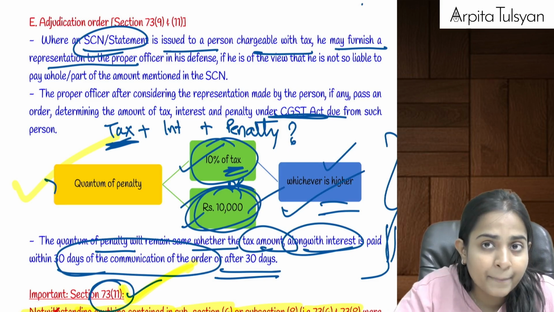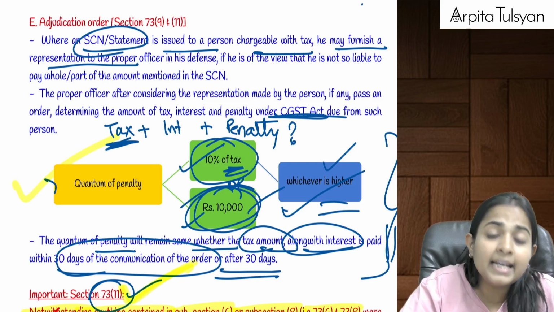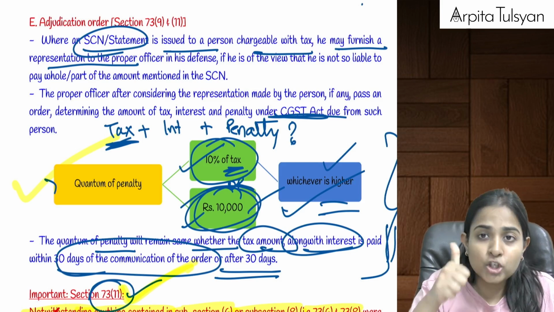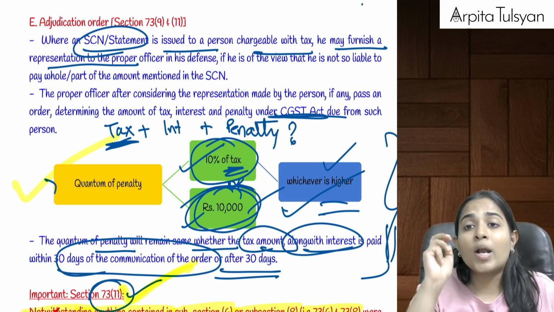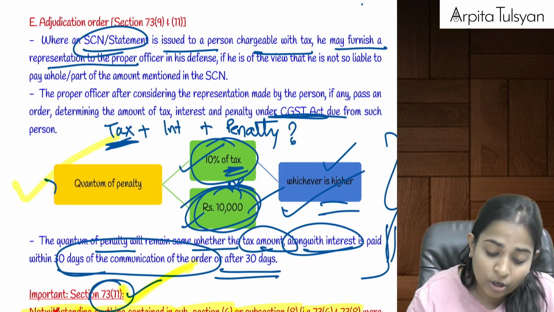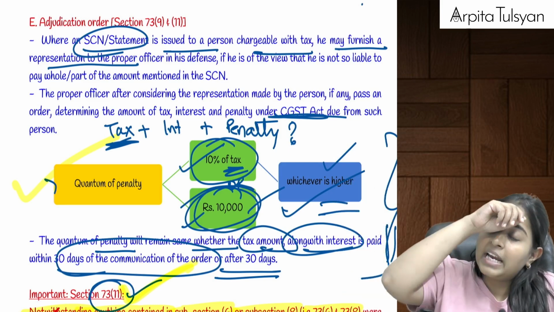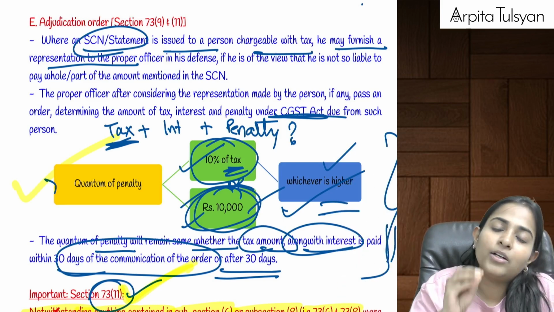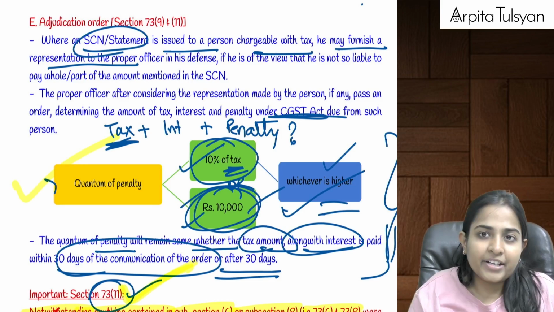Why am I paying? Because a show cause notice was issued on you under section 73 saying that either there is short payment of tax or non-payment of tax or erroneous refund or ITC wrongly availed or ITC wrongly utilized. Later, whenever you make the payment, this is going to be the default amount of penalty under section number 73.